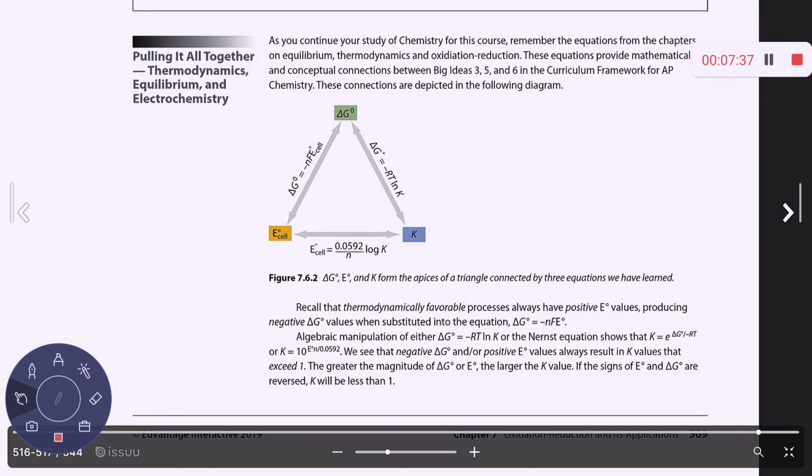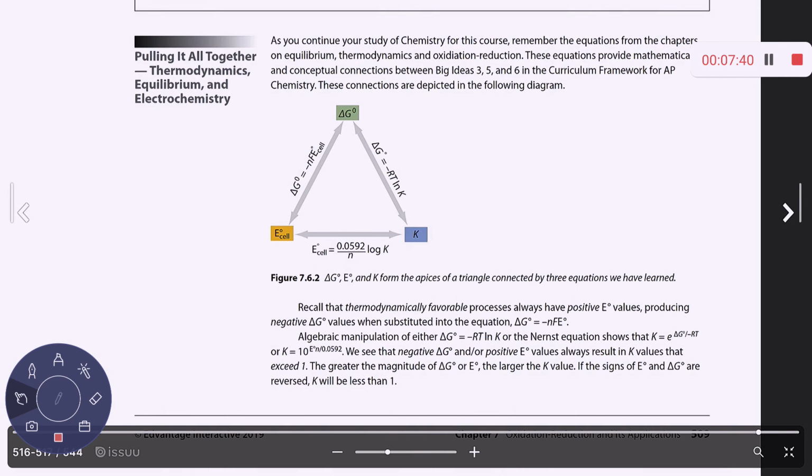Let's go over here. This figure is relating everything to each other. So K and your voltage for a cell, and then the spontaneity or Gibbs free energy.